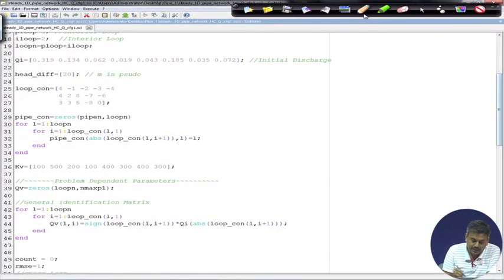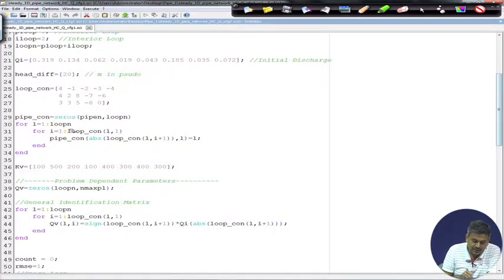Now, we have specified the discharge values directly without sign. Please check this, I have not used any sign here, and we have a head difference of 20 between two tanks or reservoirs. In this case, this is the loop connectivity matrix.